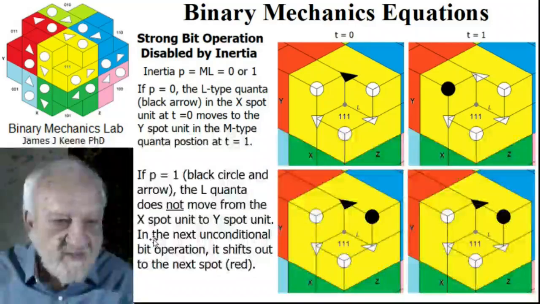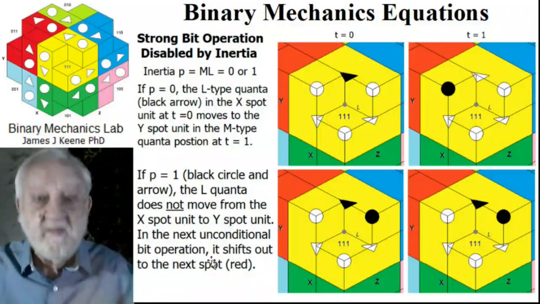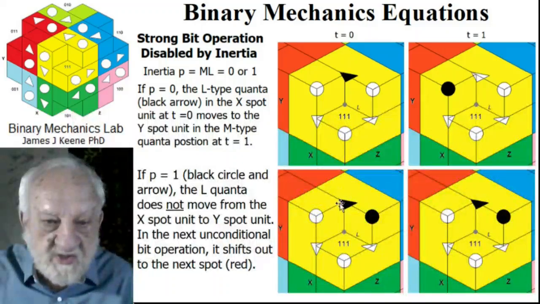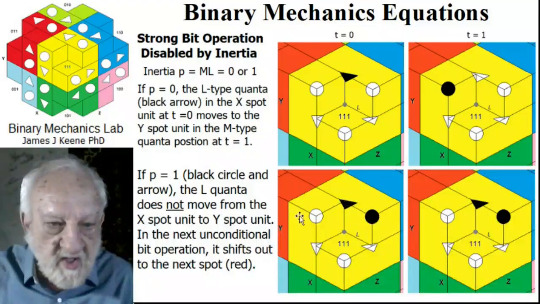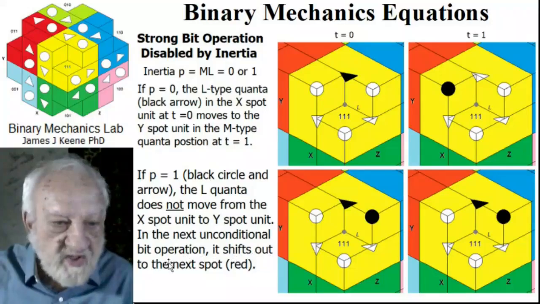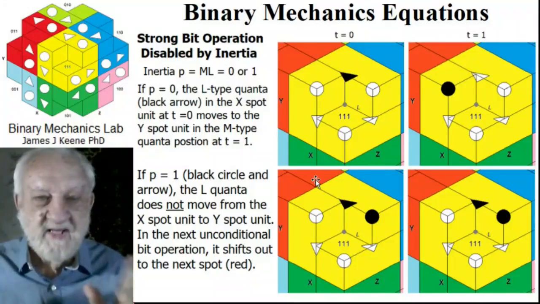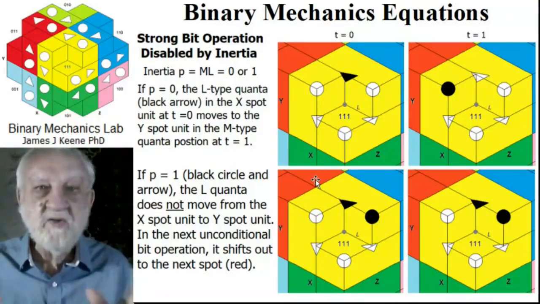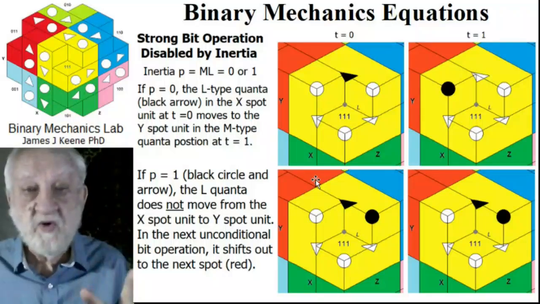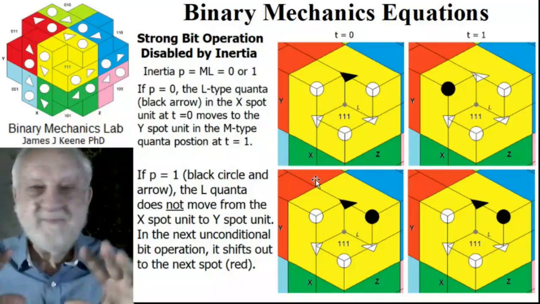In that case, in the next unconditional bit operation, what's going to happen? This one state quanta here will shift out to the next spot, which is shown in red up here. Boom, it goes on out. That is the mechanism of all particle motion. So you see, the strong force really is like payday.